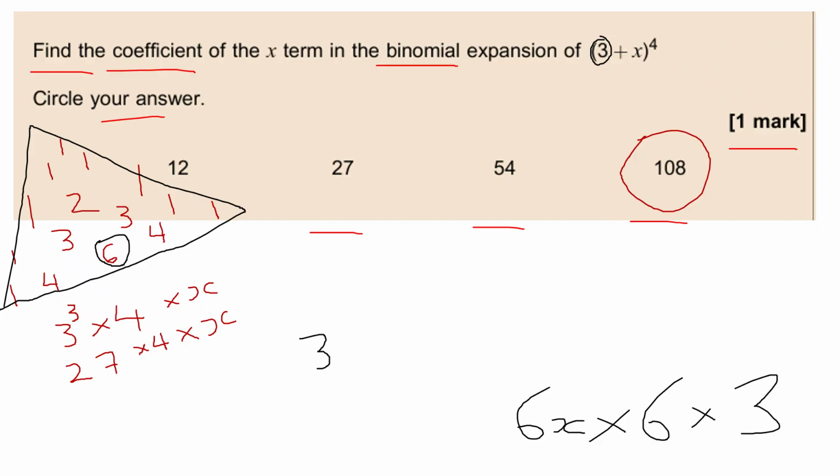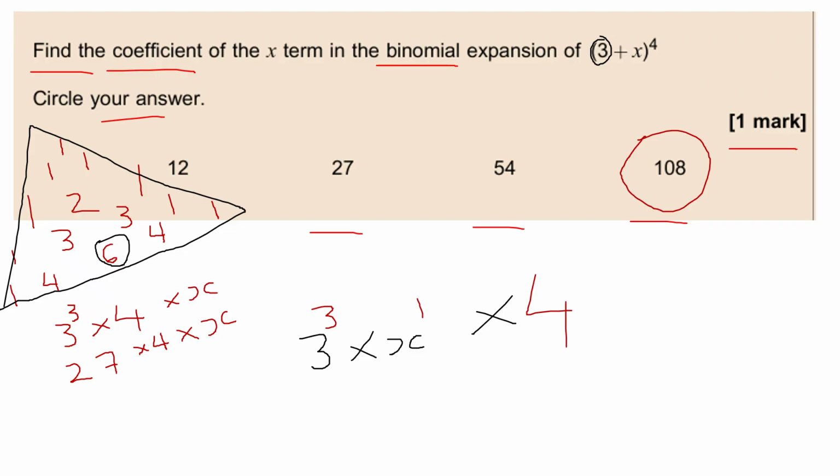It was going to have been 3 squared times x squared times the middle term. Sorry, that's obviously the x squared term. It should be 3 cubed times the x to the 1 term times 4. So sorry guys, I think I messed it up there, but hopefully that makes sense.